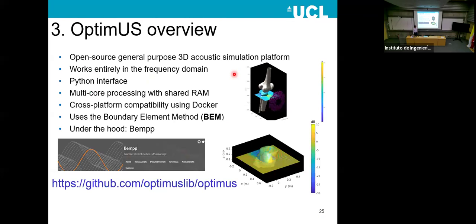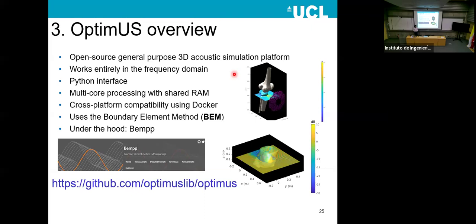So an overview of the library. It's a general purpose 3D acoustic simulation platform, although we've essentially honed in on biomedical ultrasound applications. This works entirely in the frequency domain, so you don't have to deal with issues of letting your solution ring for long enough. You don't have to bother with the CFL criterion, and this works within Python.